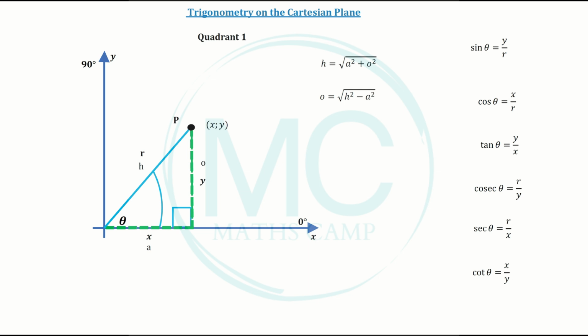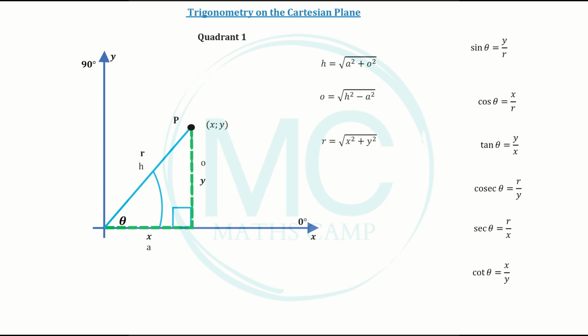We are still working with a right angle triangle, so we can still use Pythagoras to find unknown sides. Our hypotenuse is now known as r. So to find the length of the hypotenuse, we say r is equal to one side, let's call it x, squared, plus our other known side, y, squared, all under a square root. If we know the value of the hypotenuse, which in this case is r, we can still find the value of the unknown side.